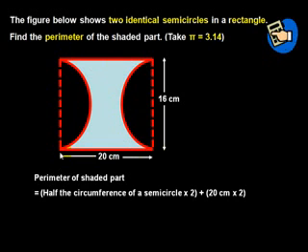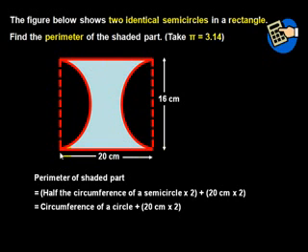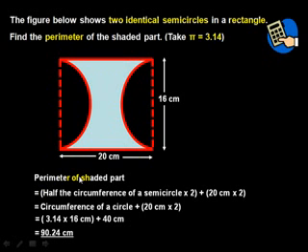So the perimeter of the shaded part will be half the circumference of a semicircle times 2, because there are two circumferences of a semicircle, plus the two lengths. This will give us 90.24 centimeters.